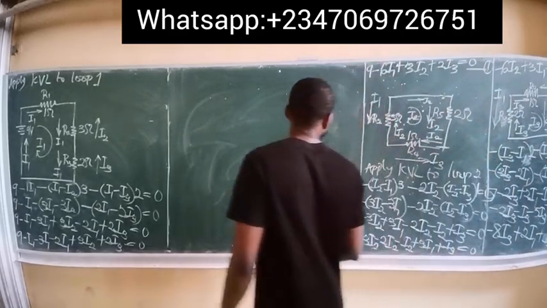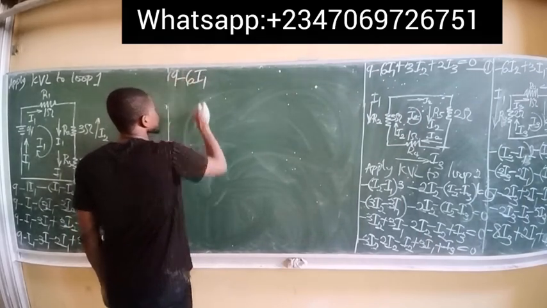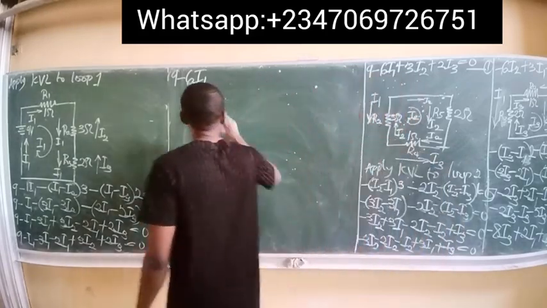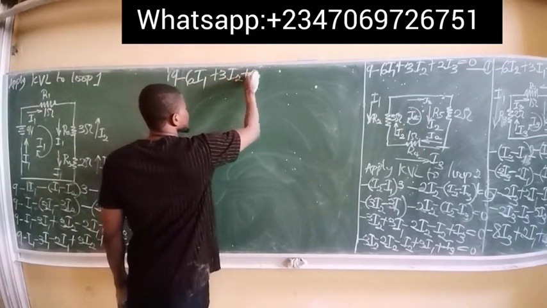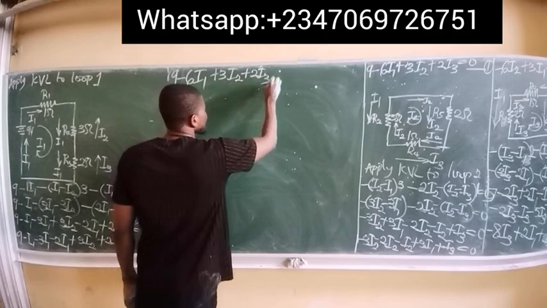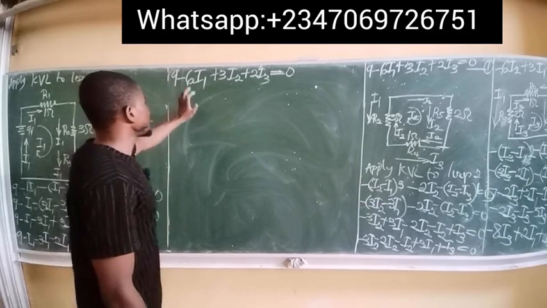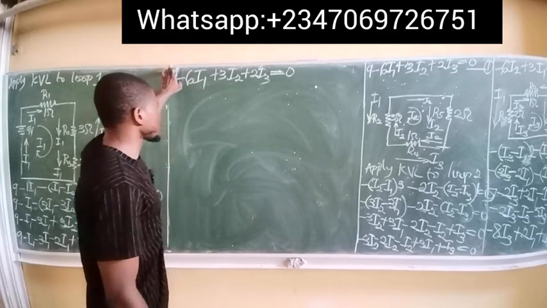So from equation 1, we had 9 minus 6I1 plus 3I2 plus 2I3 equals 0. So what we'll do is simply send all the terms here over to this side of the equation, leaving 9 here as a constant.